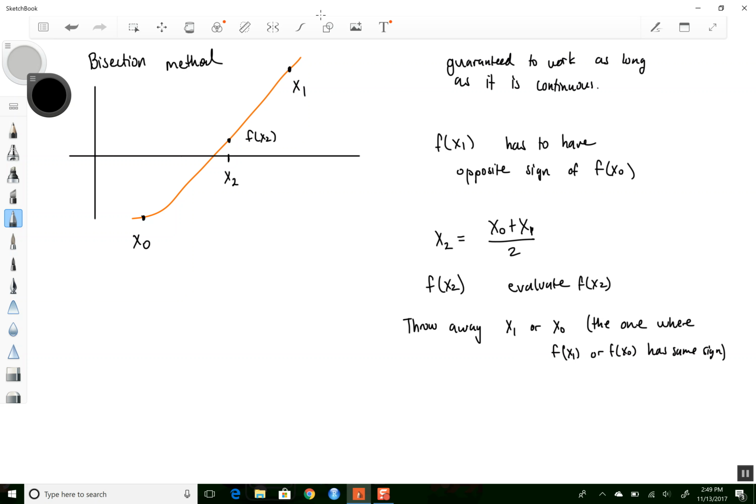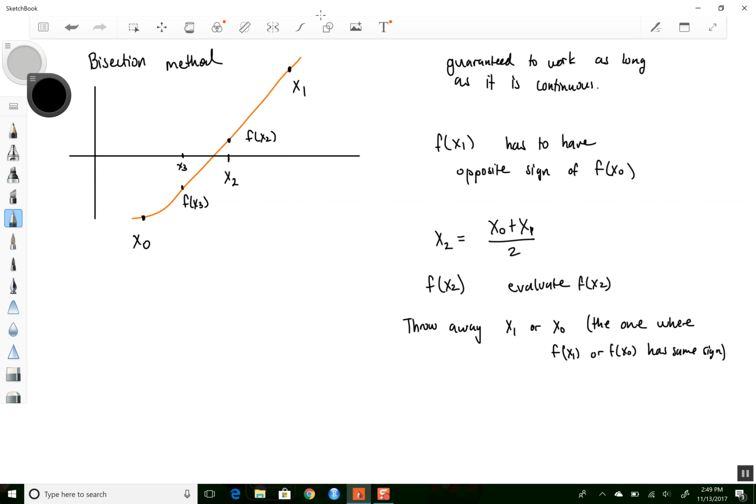The next point, x3, is going to be halfway between there and there, and then you just continue to cut it in half, and you throw away the point that has the same sign. So here we would get f of x3 right here, and so we would throw away this one. And you just keep cutting your window in half. And that's the bisection method.